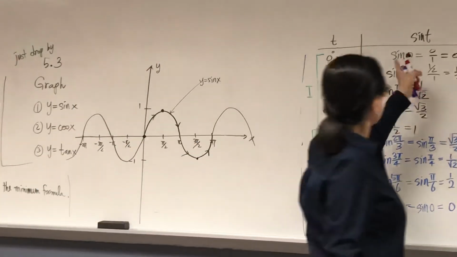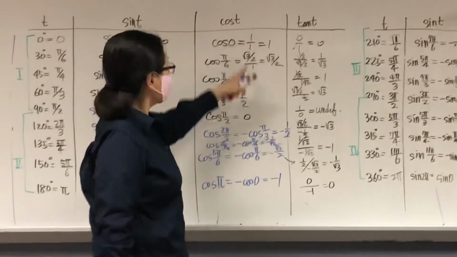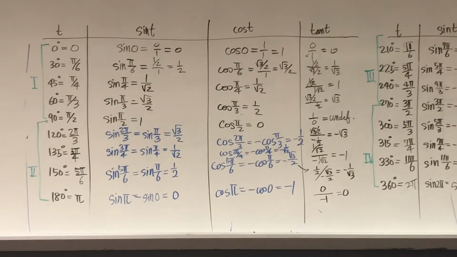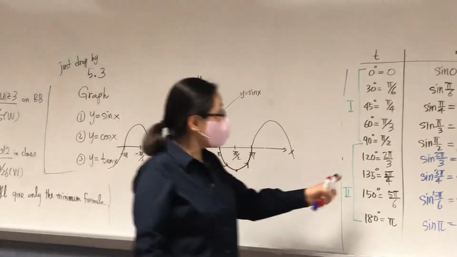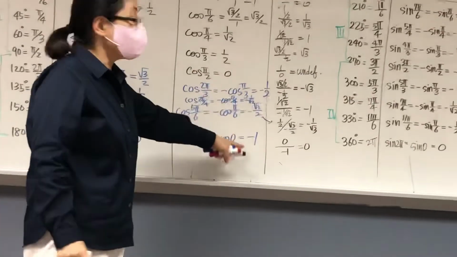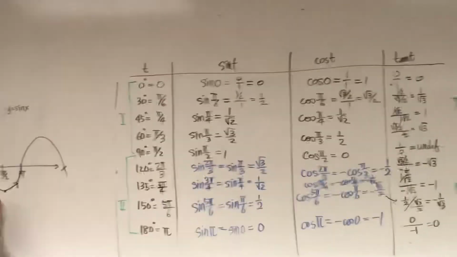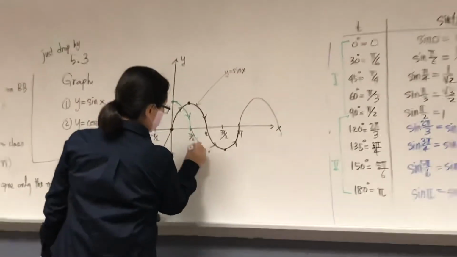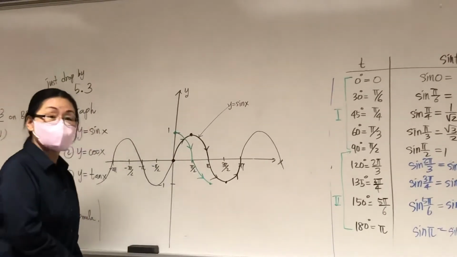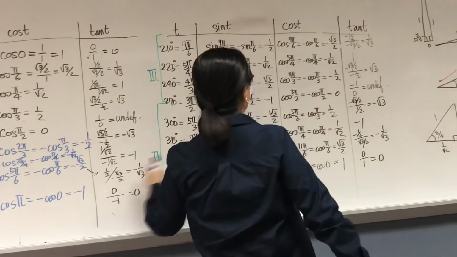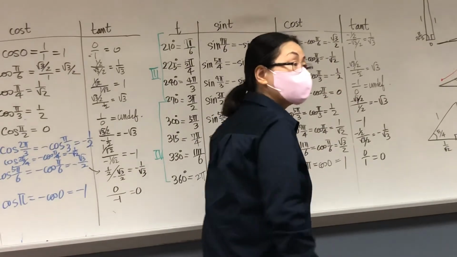Cosine at the first quadrant starting with what? 1 to 0. Yes, so 1 becomes 0. And then second quadrant, 0 to negative 1. Then third quadrant, still negative, negative 1 to 0.